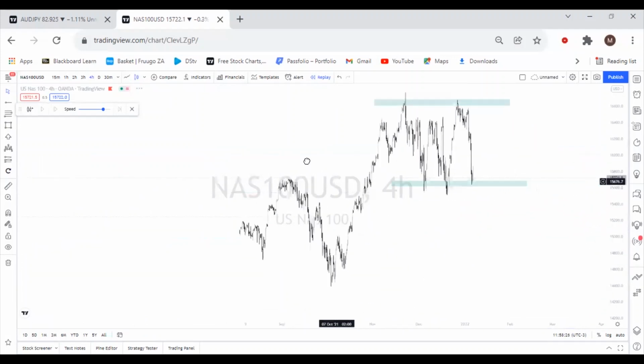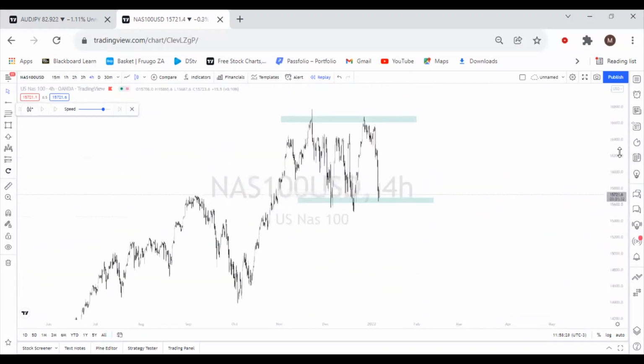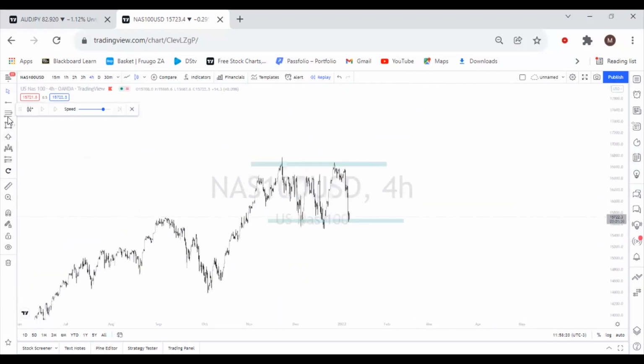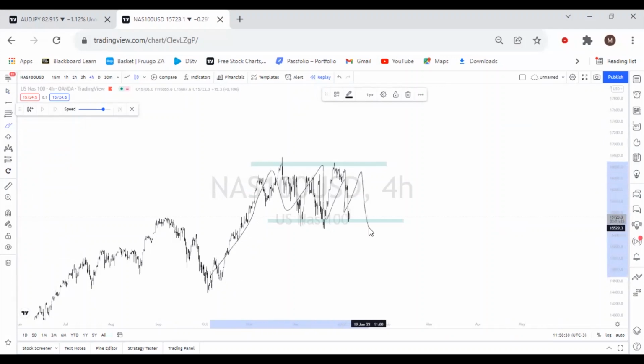And you can see it's the same concept with the rest of the pairs. It had this huge momentum, and now it's correcting, and it's just waiting to go up.